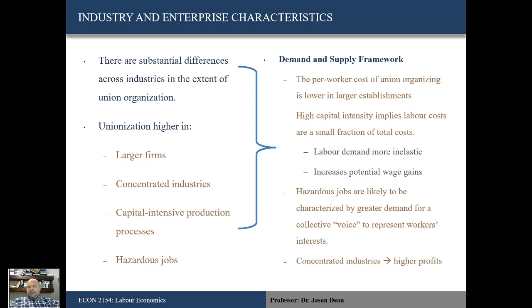If you remember my example from before, where you're thinking of a small restaurant, clearly the net benefits for the union won't be as high as they would be in larger firms. And clearly in capital intensive production processes, labor doesn't make up as much of the total cost of production because a lot of the costs are related to capital. And so in that case, the labor demand would be more inelastic.